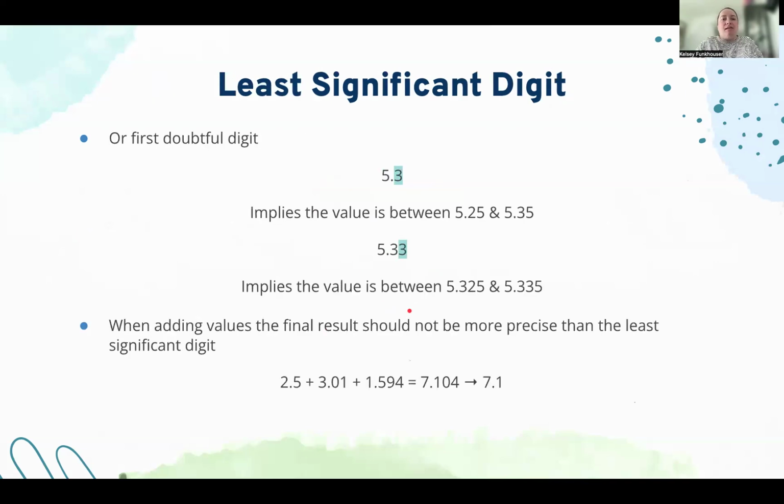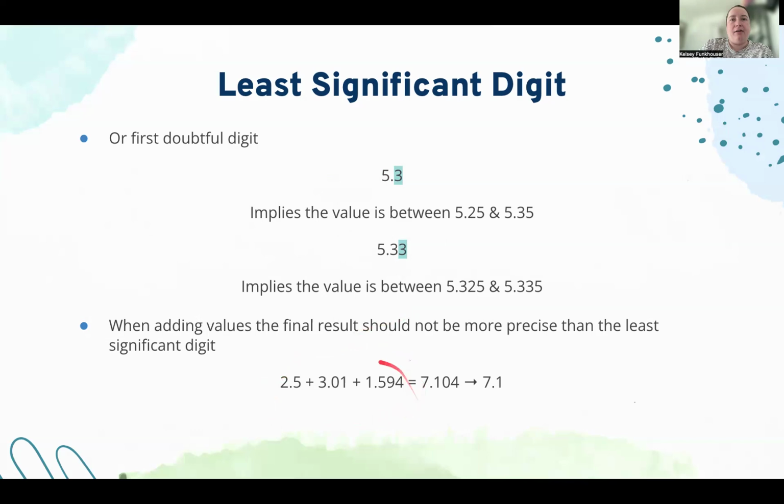And there's also the concept of least significant digit or first doubtful digit. So 5.3 implies that the value falls between 5.25 and 5.35. Or also 5.33 implies that the value falls between 5.325 and 5.335. When adding values, the final result should not be more precise than the least significant digit.